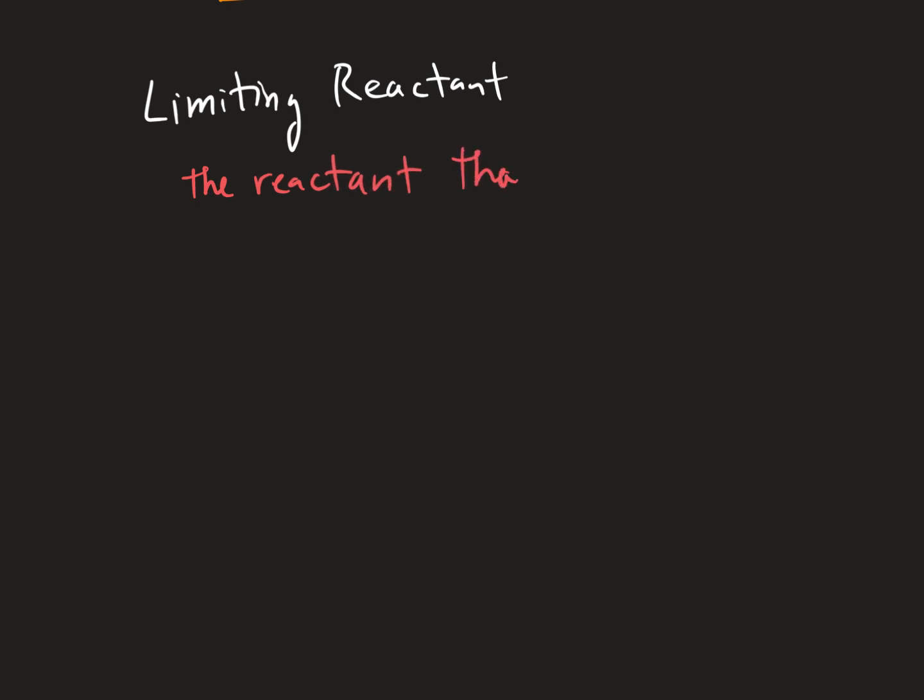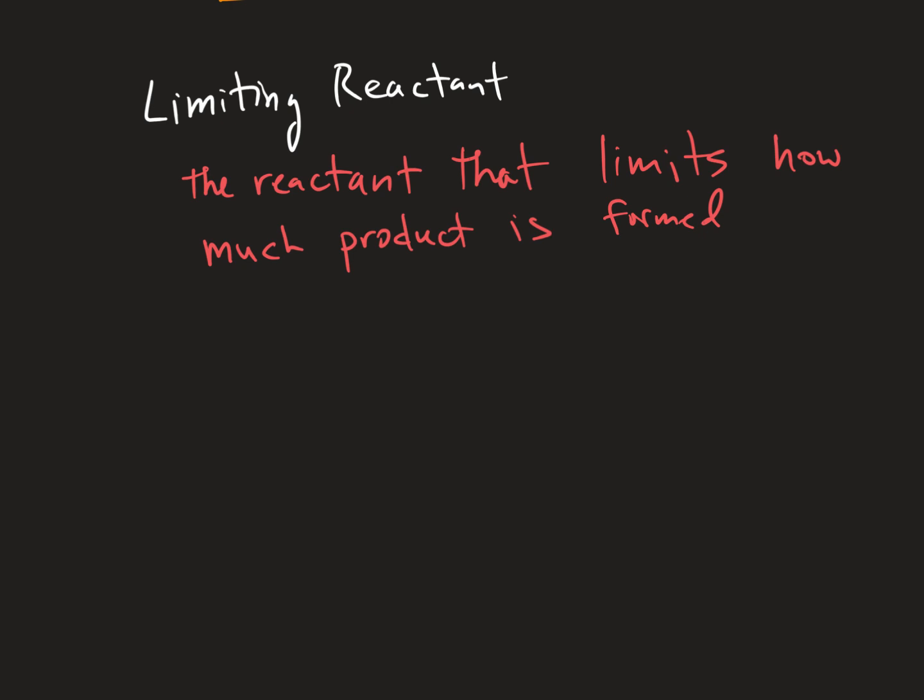All right, so the limiting reactant is the reactant that limits how much product is formed. In the case of the hamburgers, hamburgers were the products, right? And all the different parts are the reactants, kind of like, right?